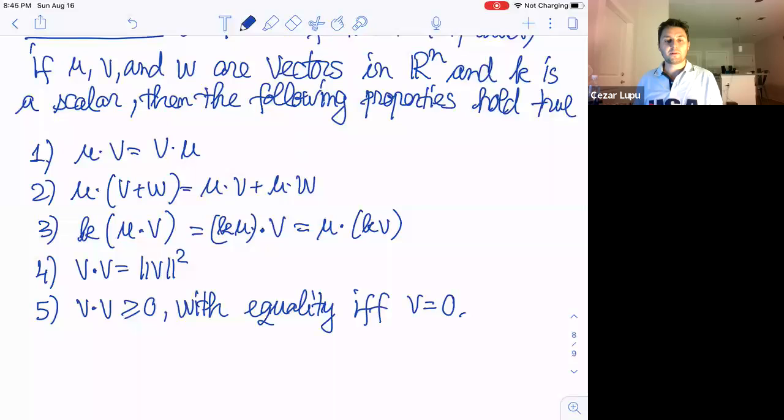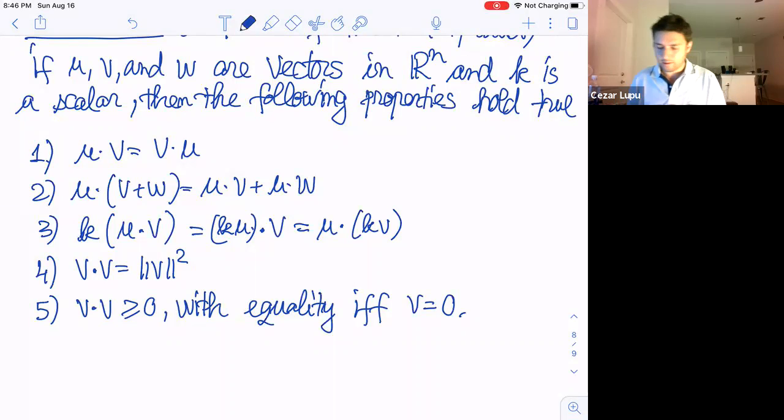So these are the properties. These are very important properties of vectors in Rn. Let's now see some easy examples where we can apply these properties, and afterwards we'll discuss the Cauchy-Schwarz inequality and how we define the angle of two vectors in Rn.